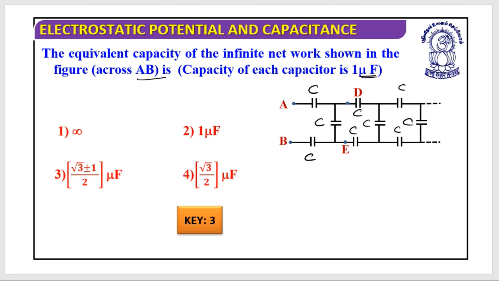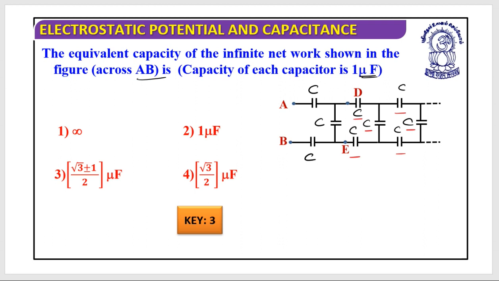What we are supposed to do is observe from where my network keeps repeating itself. If I observe this very carefully, I can conclude that this block is being repeated: C, C, C, C, C, and onwards.